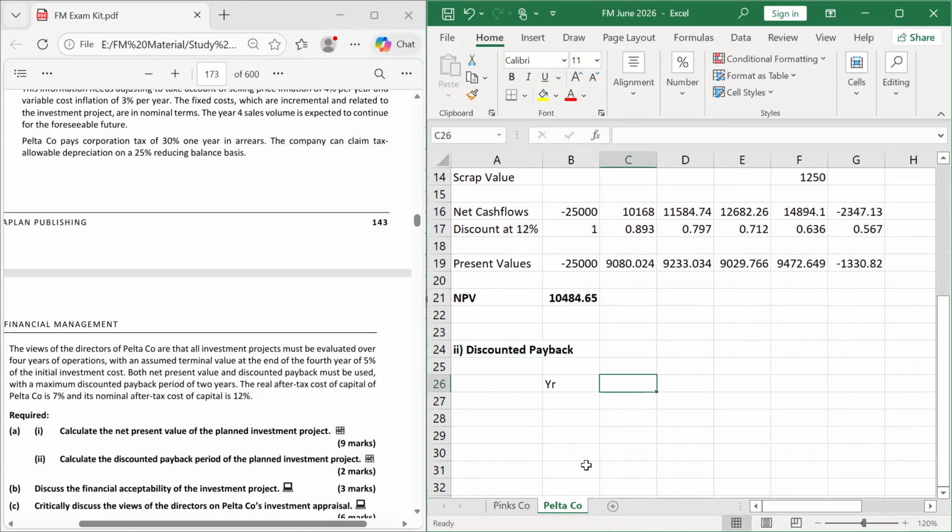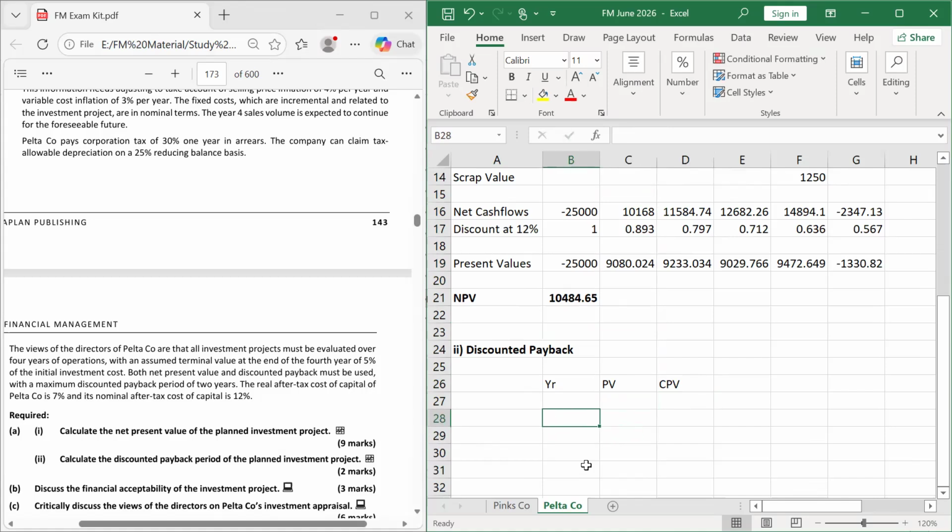Now, because we already have the cash flows, discount factors and present values, we can just shorten the format. So here I can just write years, present value and cumulative present value, because cash flow times discount factor gives the present value, which is already given to us. And we have to look at the PV and CPV to work out the answer.